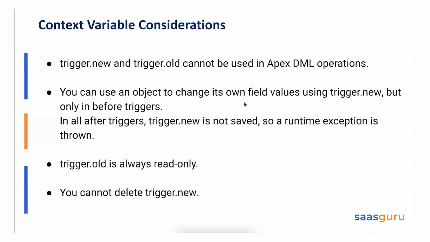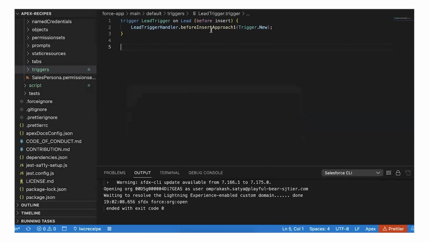You can use an object to change its own field value using trigger.new, but only in before trigger. In after trigger, trigger.new is not saved, so a runtime exception is thrown. So let me write something here. Suppose I'm writing a for loop, and here is my trigger.new, and it's giving me Lead because I am in the lead trigger.